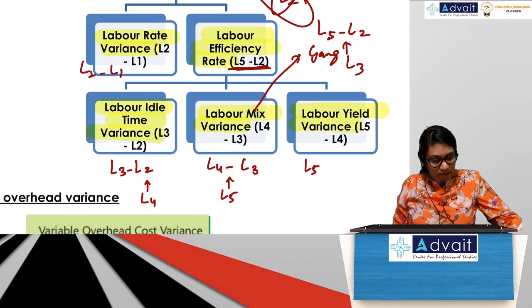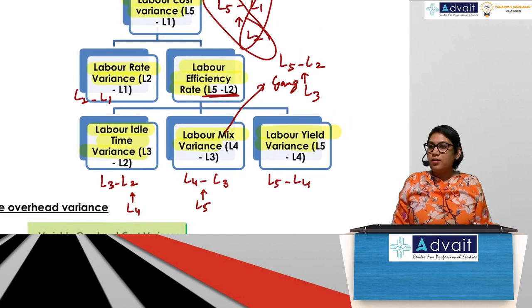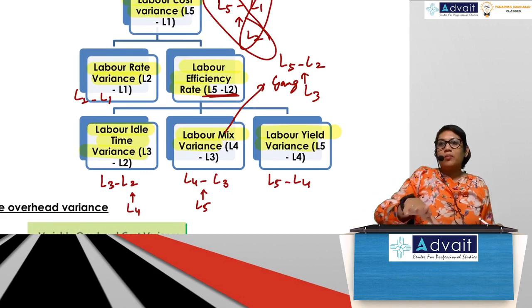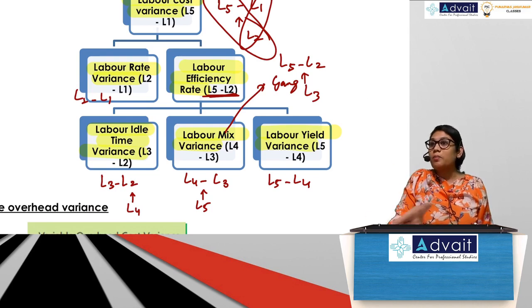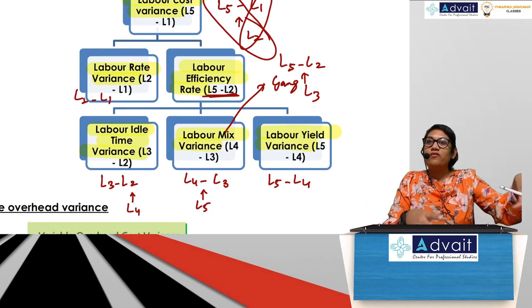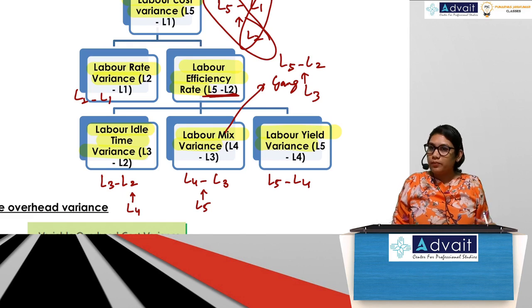So you will have L5 minus L4. So in labor, every step of the way somebody is coming in the middle. Unlike in material, everyone gets to be with everyone there. Here somebody is becoming the spoilsport every time.